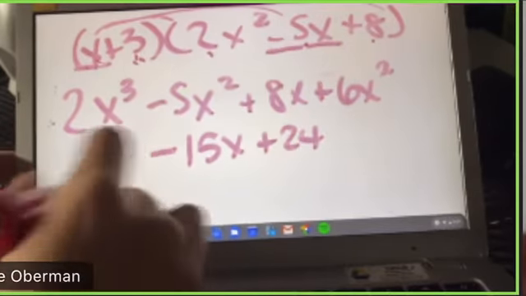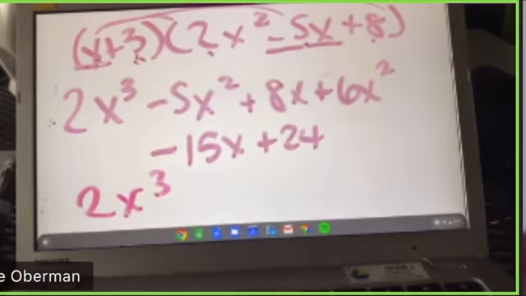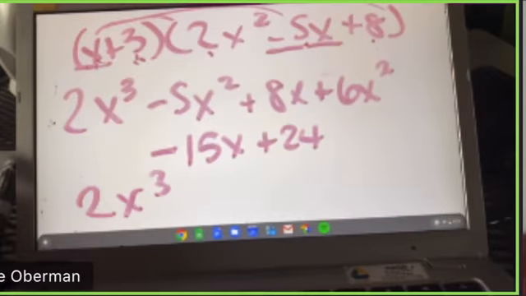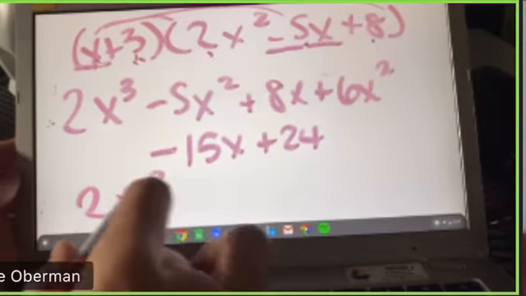So 2x cubed is first. And remember how we learned last week about degree of polynomials and descending. I told you that standard form is going to be in descending order of the degree. So that's why we always start with x cubed, x squared, x, and then no x, okay? So 2x cubed, and then what do we have?